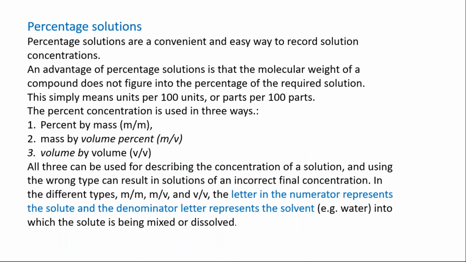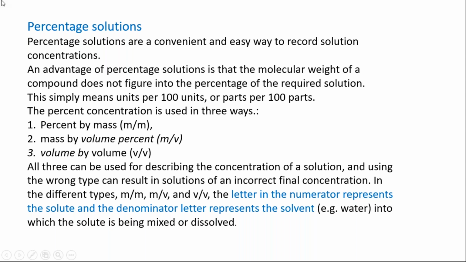So then we have percentage solutions. Percentage solutions are of 3 types, and the advantage of making a percent solution is you need not calculate the molecular weight, nor do you need to calculate the equivalent weight. It simply means number of parts, or units, per 100 units, or per 100 parts of the solution.